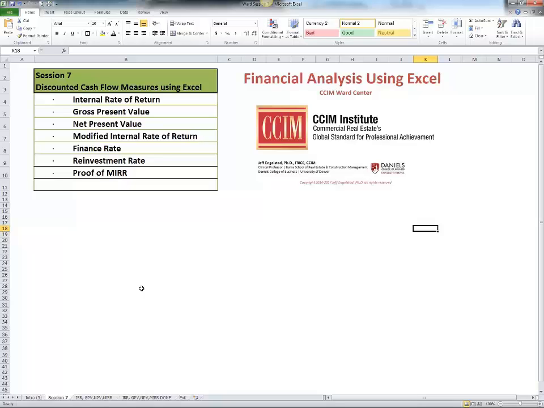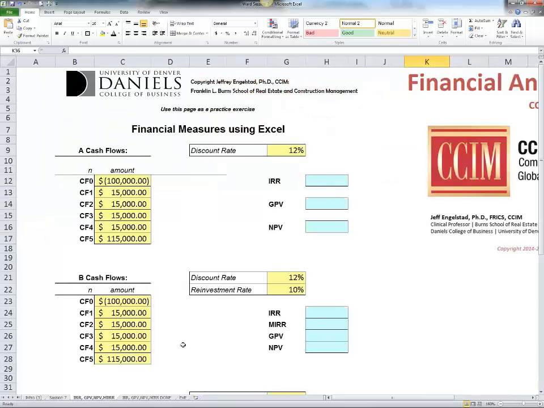And we're going to be looking at reinvestment and safe rates or finance rates and things like that. Some of this is a really good high-level review of concepts of net present value, internal rate of return, and modified internal rate of return. And we're going to use some spreadsheet techniques as we go along as well.